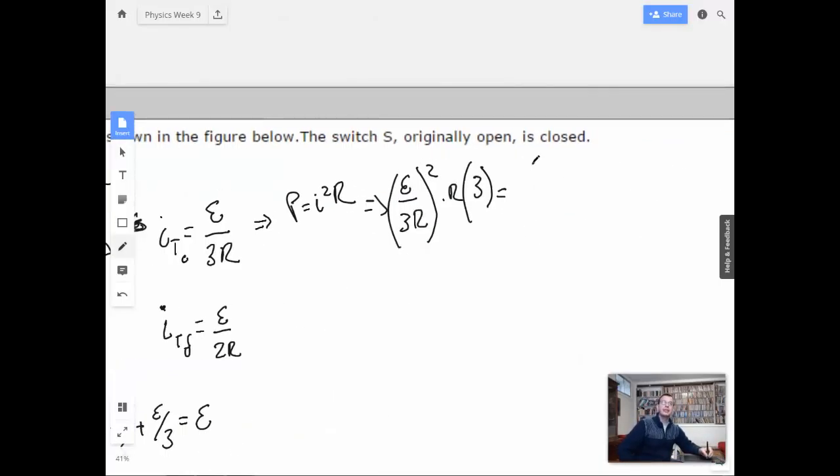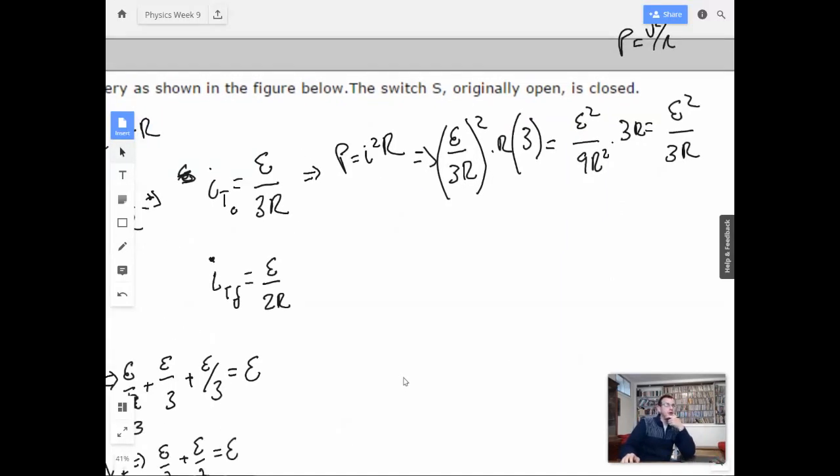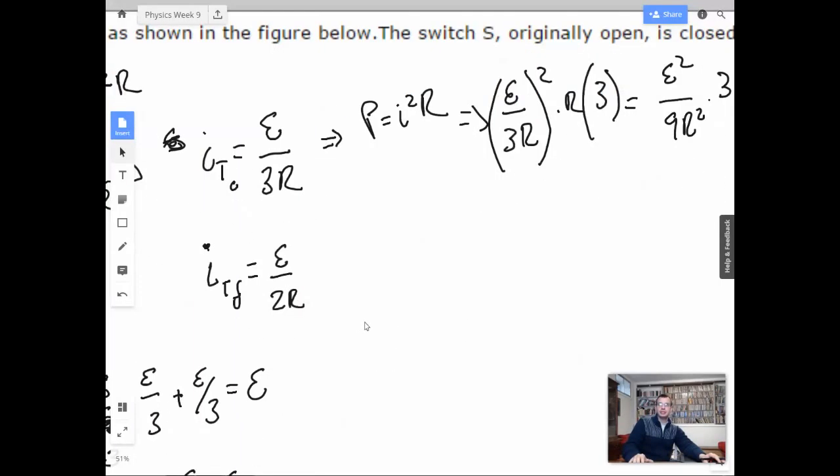So we have epsilon squared over 9R squared times 3R, which is epsilon squared over 3R. That makes sense because another way to write power is V squared over R. That'll be the total power distributed, where R is just one of the resistors. It also makes sense because each R is the same, so 3R is just the equivalent resistor. I would totally believe that.